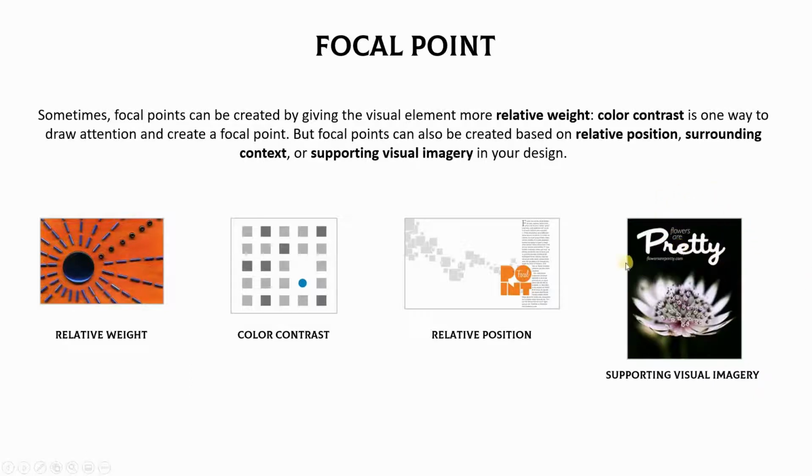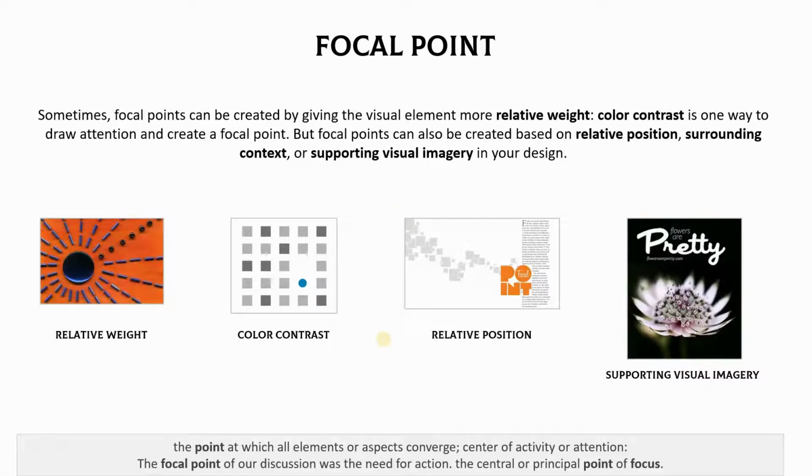Now, to support this content, we have this imagery which is focused on the center and all other area is blurred. So these are a few examples of how you can play with the focal point and take your designs to the next level, more meaningful, more focused.